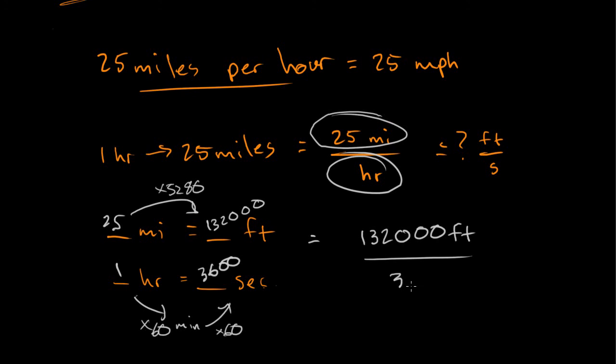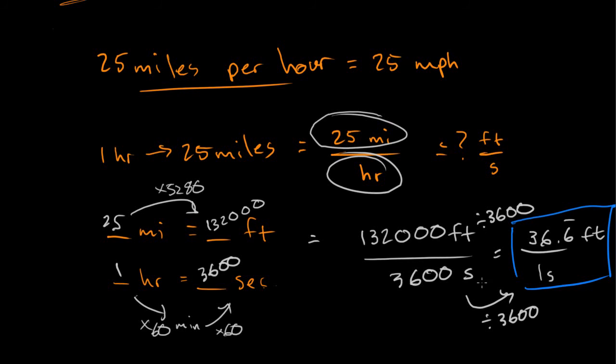So 3,600 seconds. To change this speed from feet per 3,600 seconds into feet per second, I'm really just going to divide by 3,600 to convert from 3,600 seconds into 1 second. And now I'm going to divide the top by 3,600 as well. 36.6 repeating feet per second.